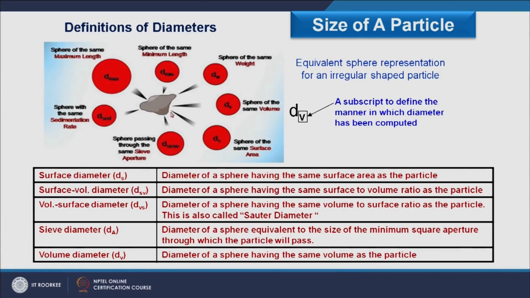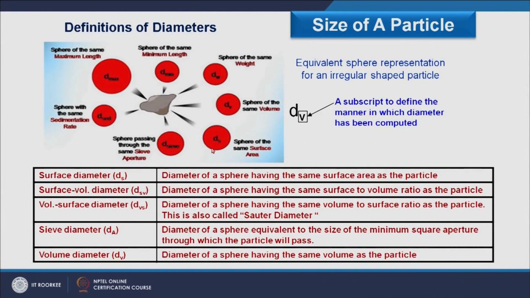Along with this, you can see here I am having different definitions also. If we consider this particular definition, it is a sphere of same weight, dw, basically the diameter of a sphere having the same weight as that of the particle. Similarly here I have a sphere of same minimum length, here a sphere of same maximum length, and a sphere with the same sedimentation rate.